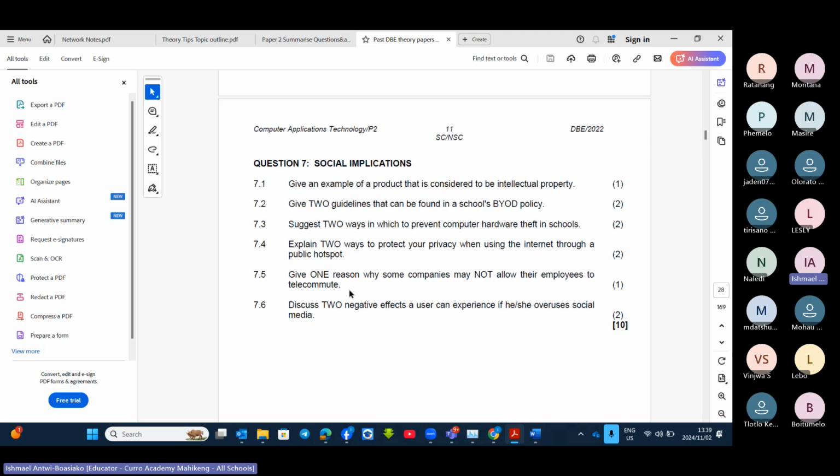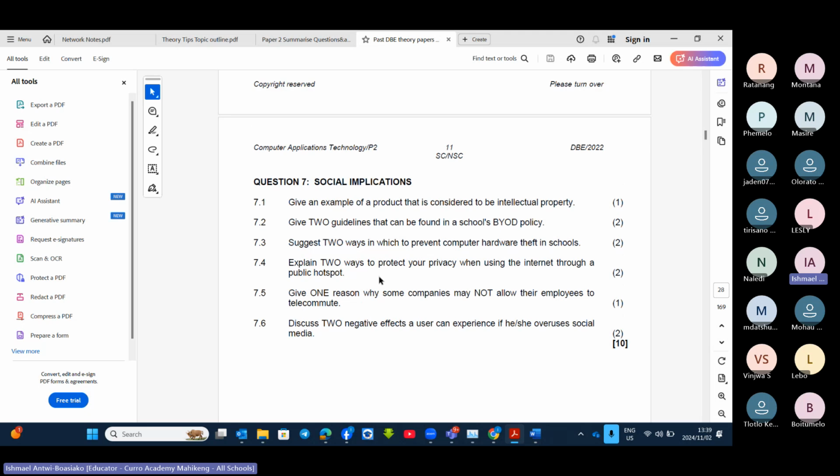And then give 1 reason why some companies may not allow their employees to telecommute. Telecommute means that you work from home. So why would your company not allow you to do that? Discuss 2 negative effects a user can experience if he or she overuses social media. So basically, you follow these, and for these questions also, the memos are given.